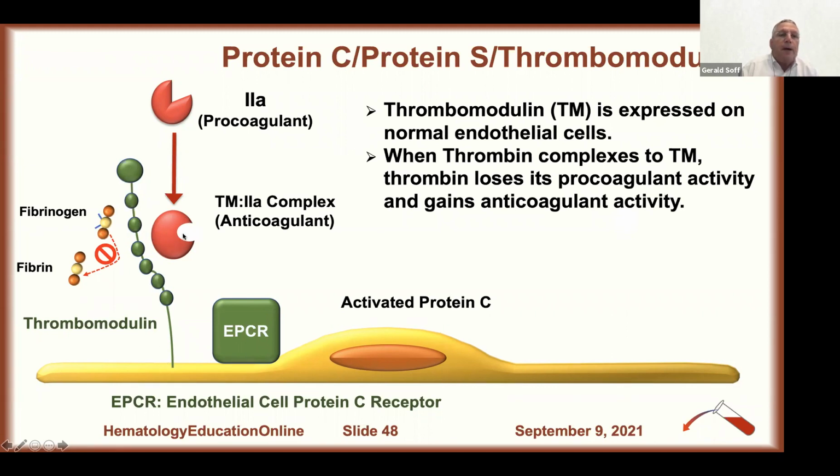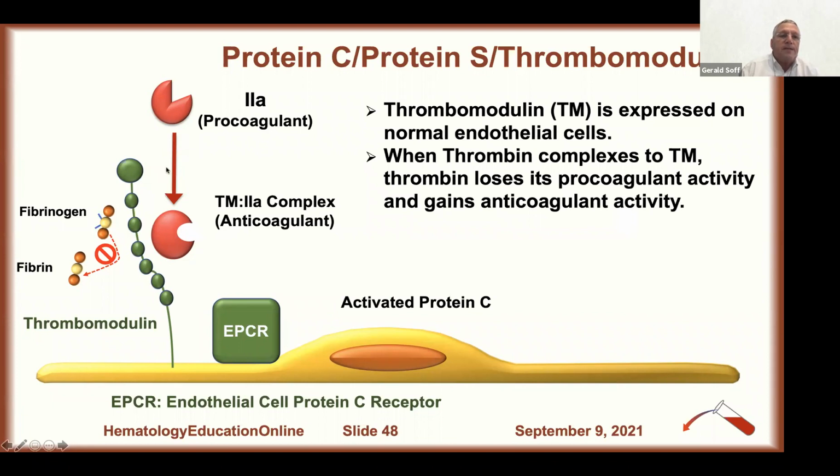And thrombin will then bind to thrombomodulin, and the thrombin is modulated, or undergoes a conformational change itself. And when thrombin is bound to thrombomodulin, it no longer has the ability to cleave fibrinogen to form fibrin clots, but now it takes on a novel spectrum of enzymatic activity, and it becomes an anticoagulant.